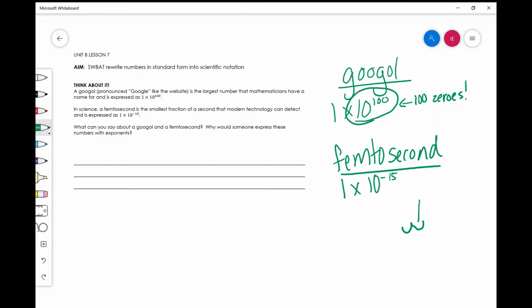So 1, 2, 3, 4, 5, 6, 7, 8, 9, 10, 11, 12, 13, 14, 15. And then you fill in all those spaces with zeros. Look at how much space that takes up. Look how much time that took. That's a femtosecond. That's a tiny number.